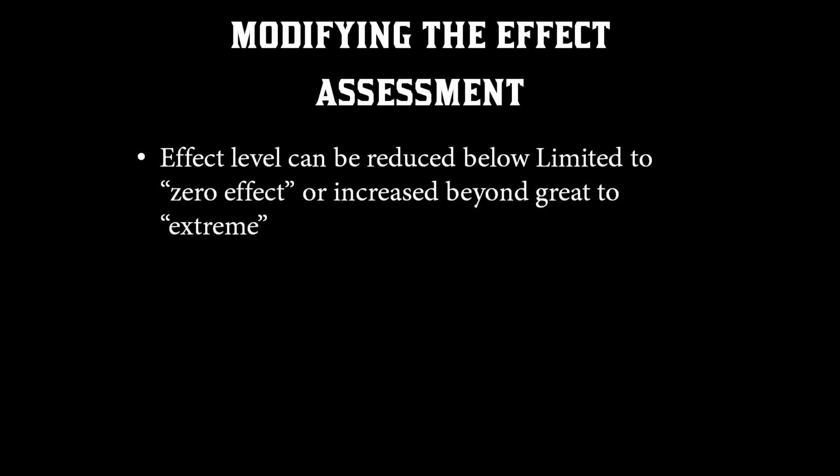If the player is up against, say, a faction that is a much higher tier than them, then maybe their effect is reduced in the assessment down to 0 effect. Or, alternatively, if they have all kinds of advantages, they can get beyond great effect to extreme effect. And in case you're wondering, that does mean that the clock would tick 4 times if the action is successful.